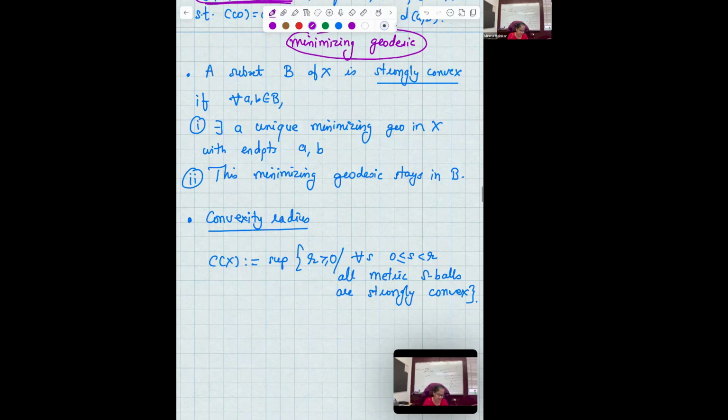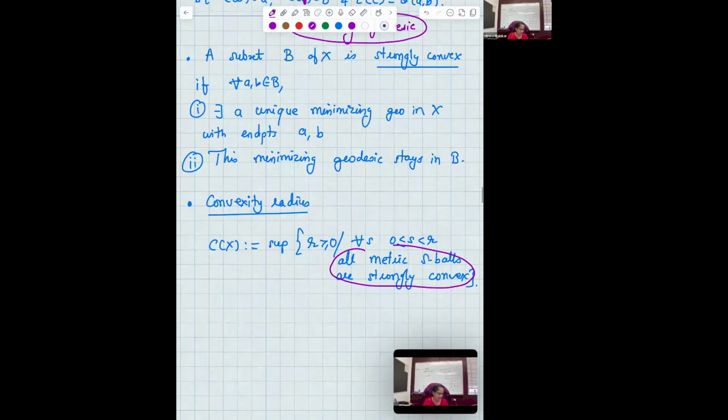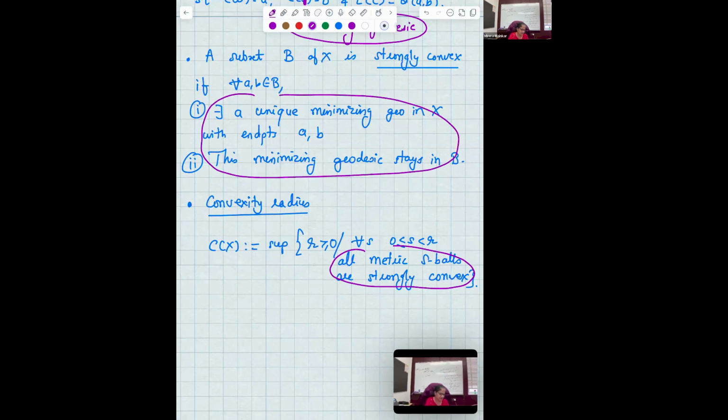You take all the metric balls of radius s, where s is between 0 and r, and if they are all strongly convex, meaning they all satisfy these conditions, like a unique minimizing geodesic that stays inside that ball, you take the supremum of all of these r's. That is the notion of convexity radius. And one can check that the convexity radius of S^n is pi over 2.